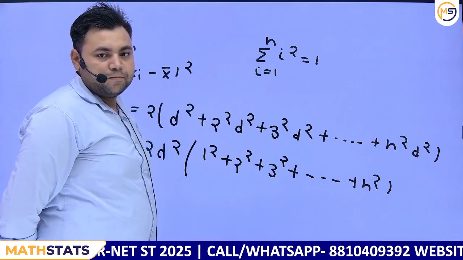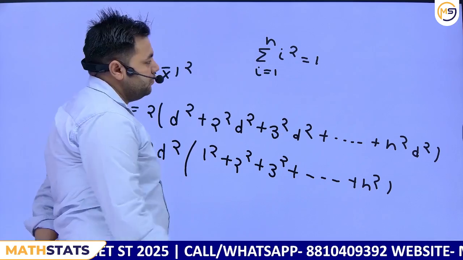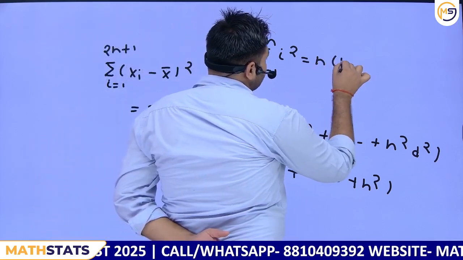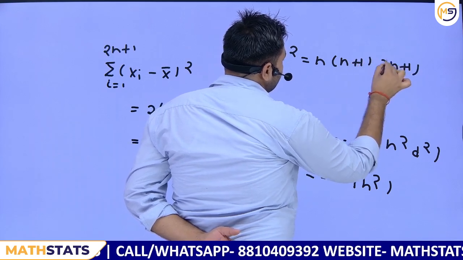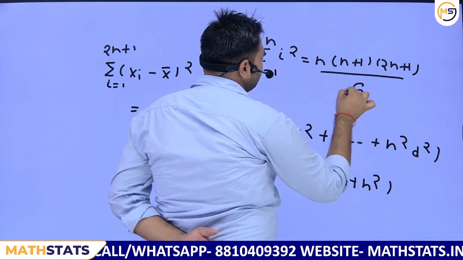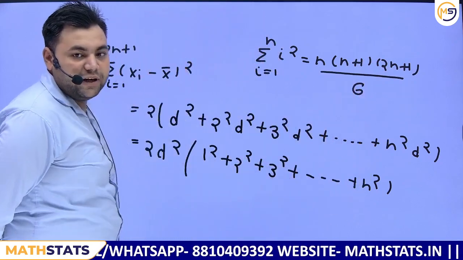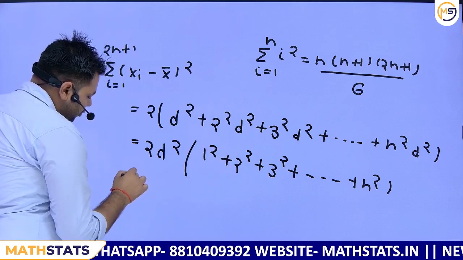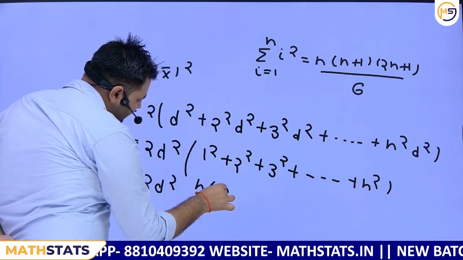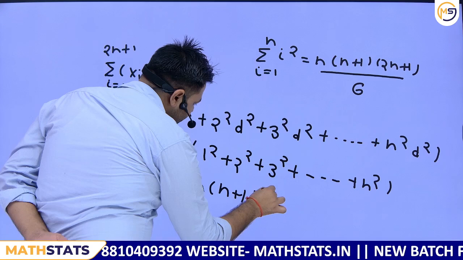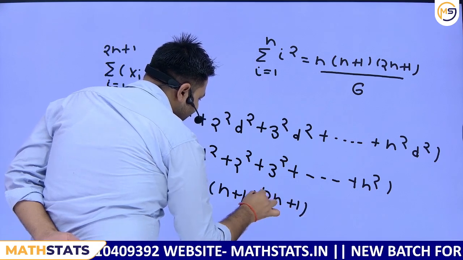n into n plus 1 into 2n plus 1 divided by 6, right? This is the value of this quantity. So now putting in the value, you will get 2n d square into n plus 1 into 2n plus 1 by 6.